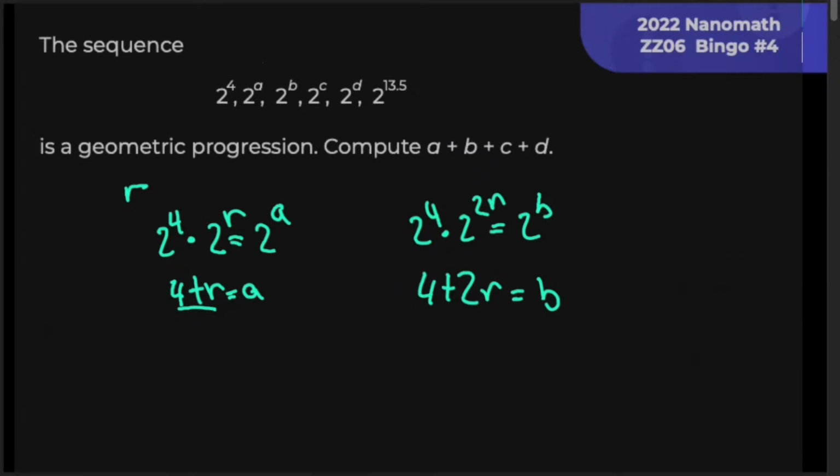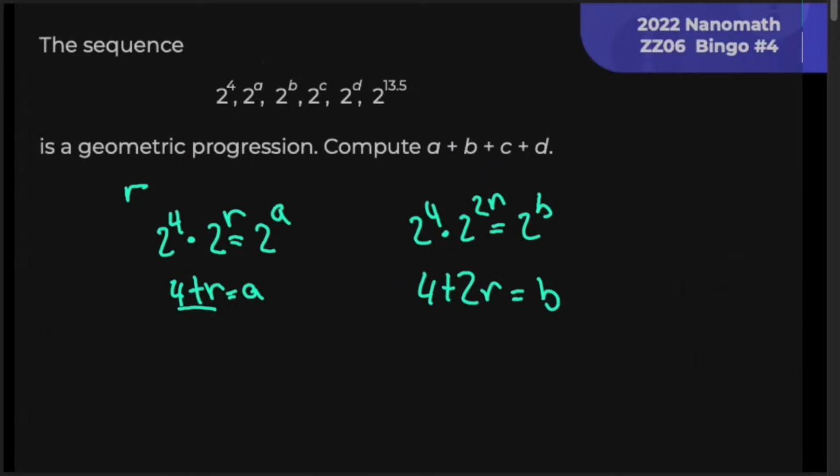Because then we can solve for r. The last term, yep, I see that 4 plus 5r is equal to 13.5.